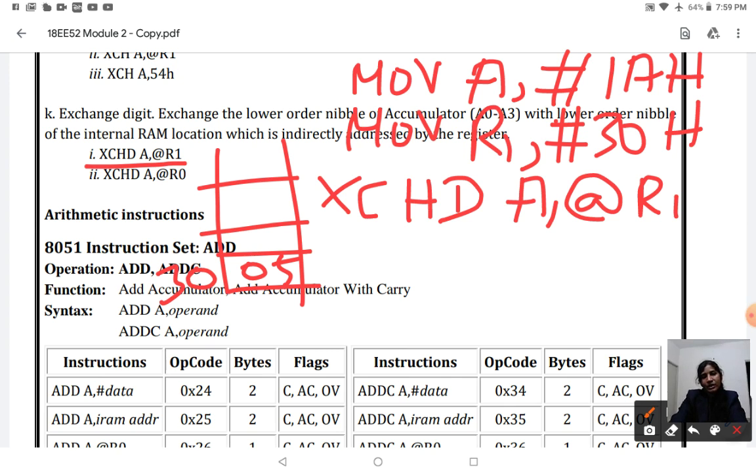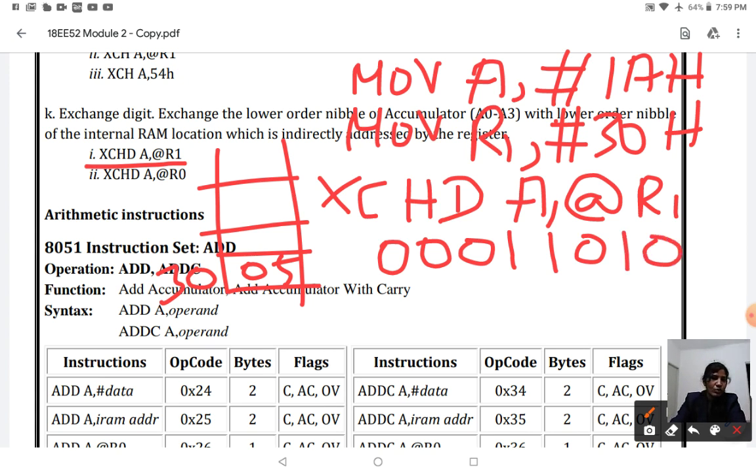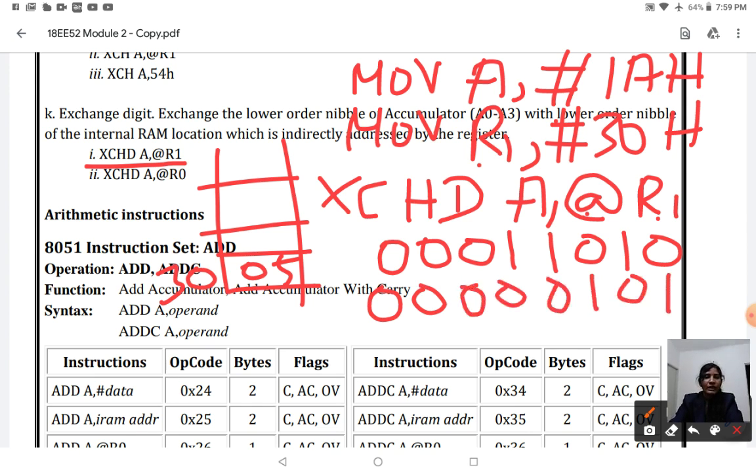What is your A here? 1A, which can be written as 0001 1010. MOV R1, #30 means R1 is going to be 30, and whatever it holds is going to be the address. At 30, what is the data available? 05. So 05 means 0000 0101.